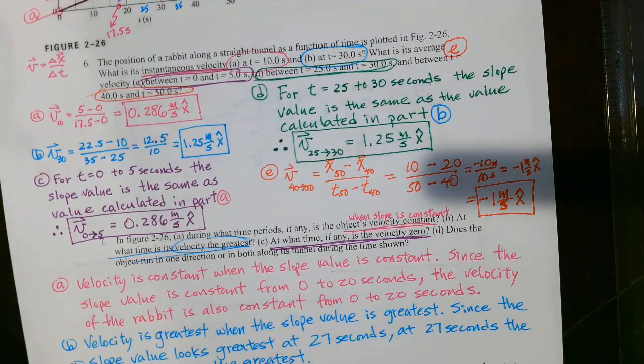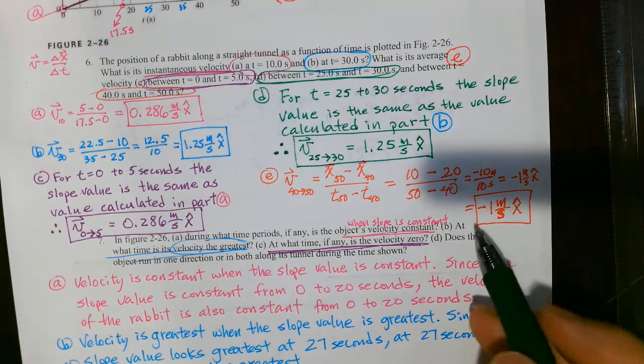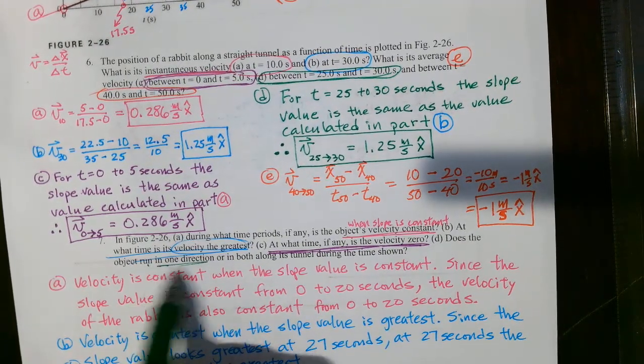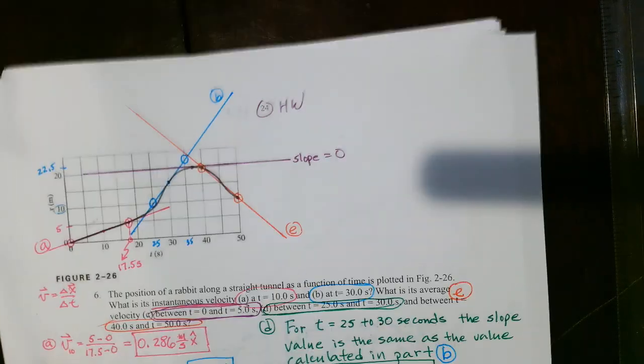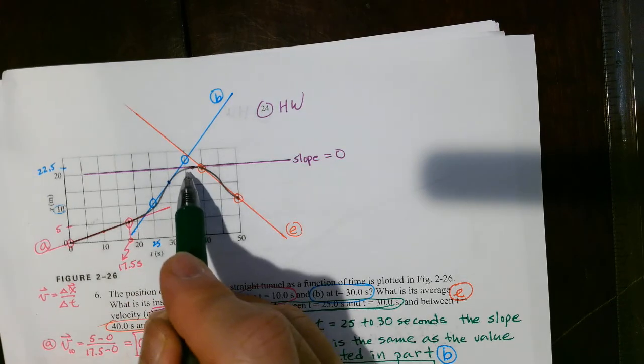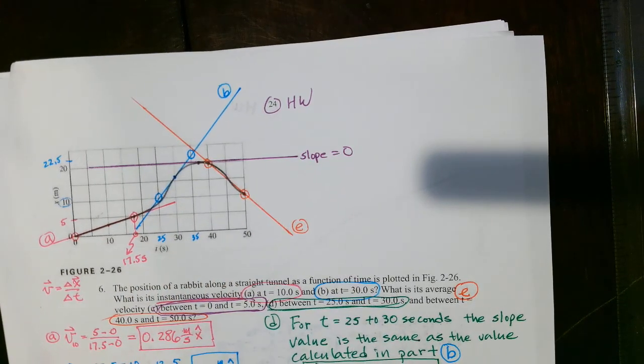And for part D, does the object run in one direction or in both along the tunnel? Well, that's kind of obvious because it runs this way, stops instantaneously, turns around, and comes back out halfway.